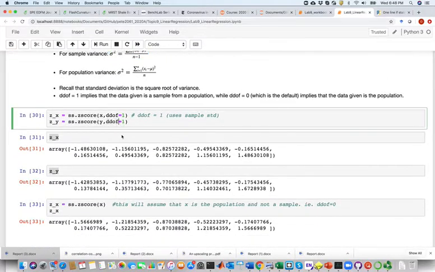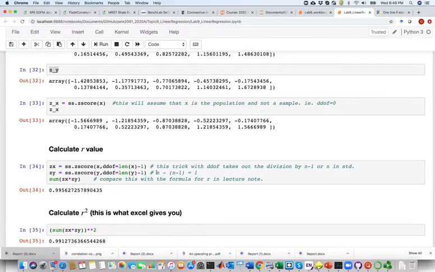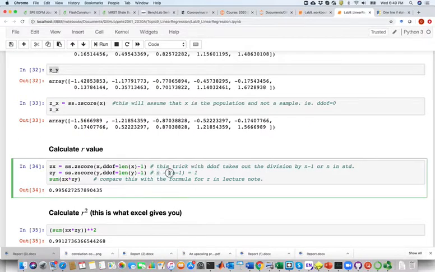So we set degree of freedom to be n minus 1 so that it divides by n minus n plus 1, which gives you 1. Minus times minus gives you plus. So that's exactly what we've done here.